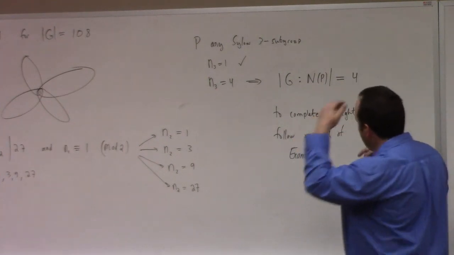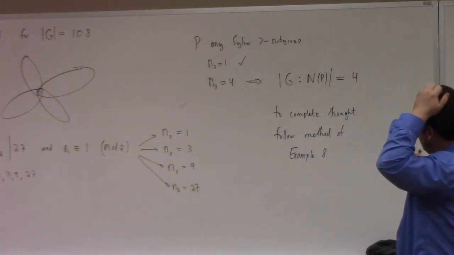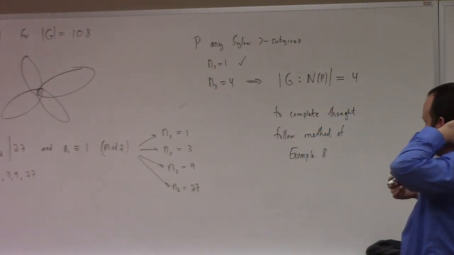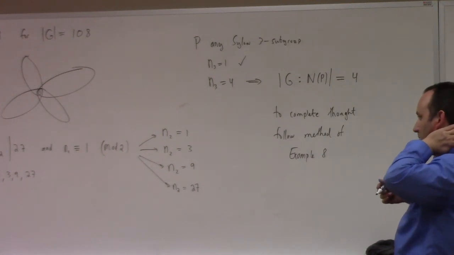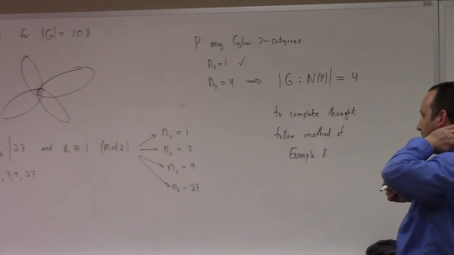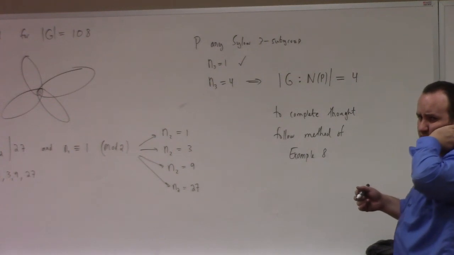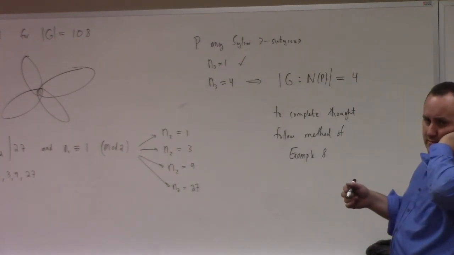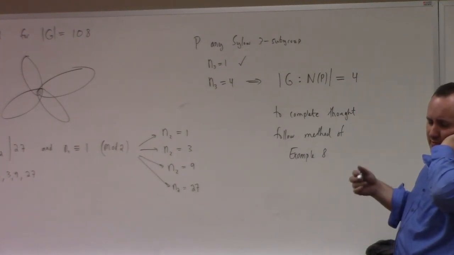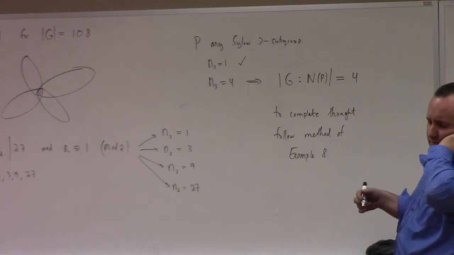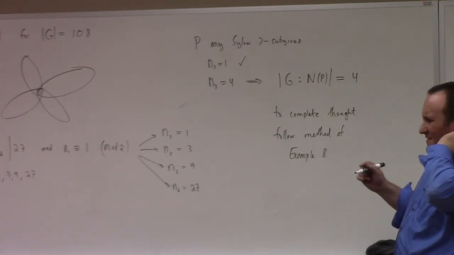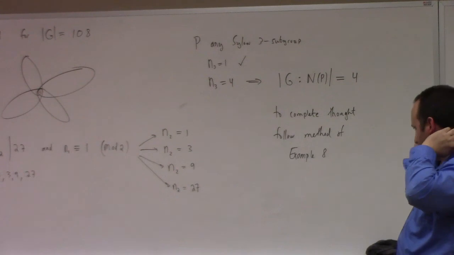Which says that there's going to be a homomorphism from G into S4. I think it's based on the conjugation action. This idea is the homomorphism theorem paired with the conjugation action.